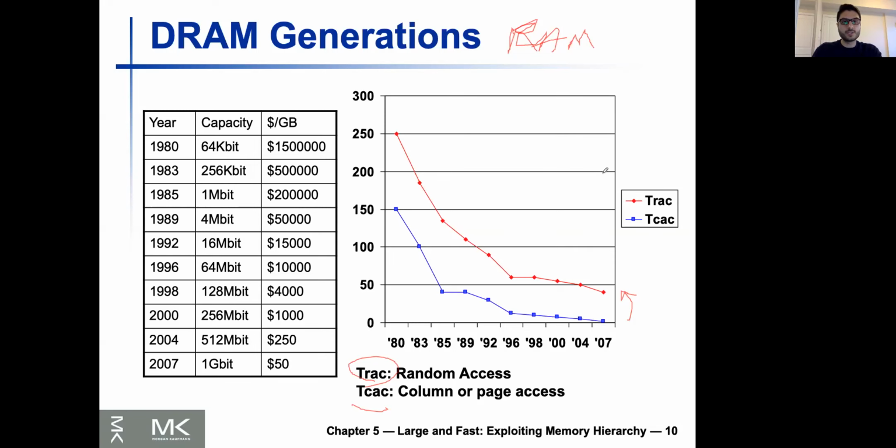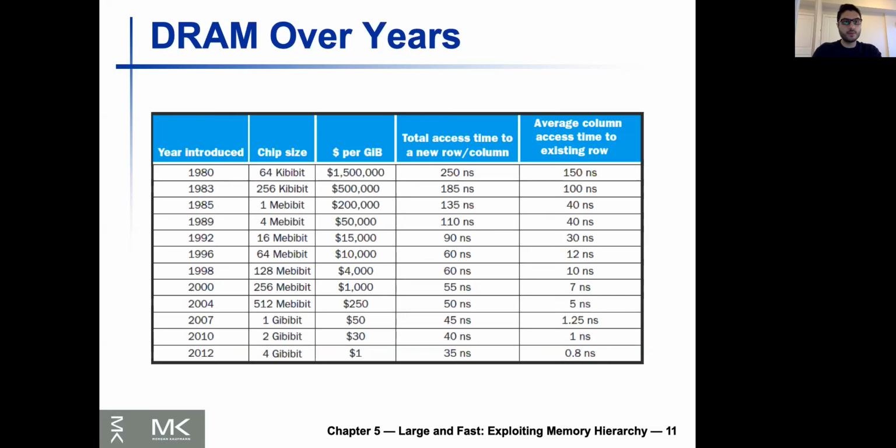Okay, this table is just more information for you. Just like that figure that you saw, with the advancement of the technology, not only did the size get bigger and bigger, your price was getting lower and lower per gigabyte, right? And total access time is going to decrease because your technology got better.